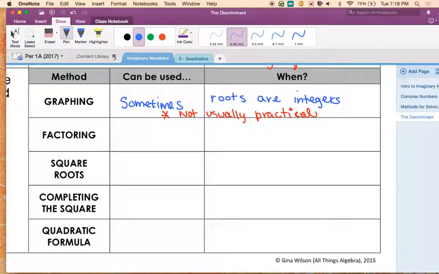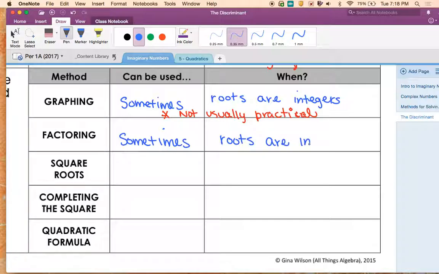All right, factoring. Can we factor all quadratic functions? No, they're not all factorable. So we can only do this sometimes. When is it the best time to use the factoring method? When the roots are rational.